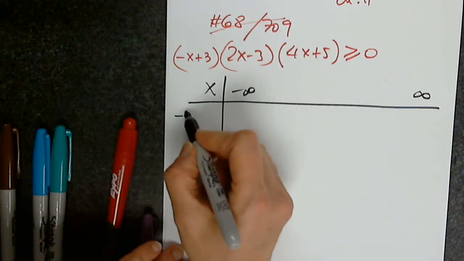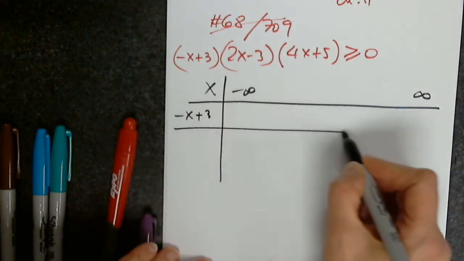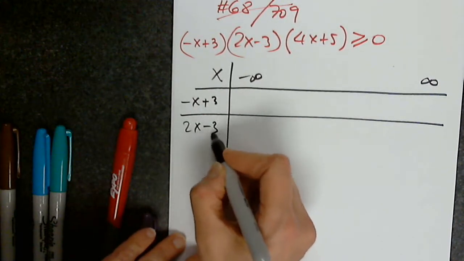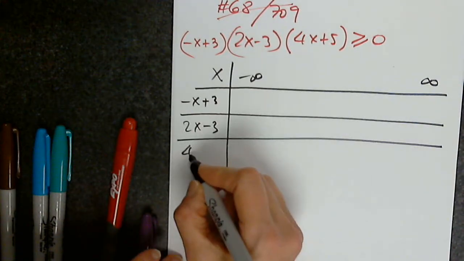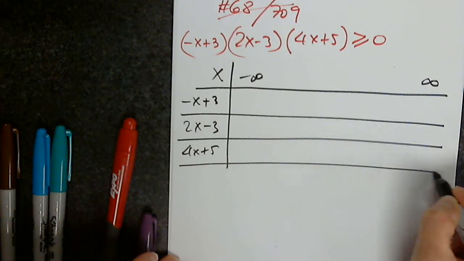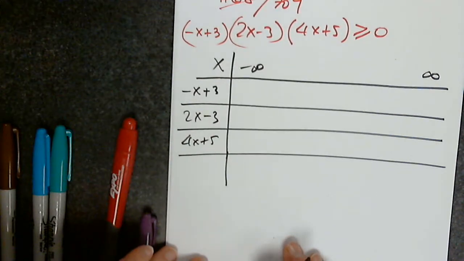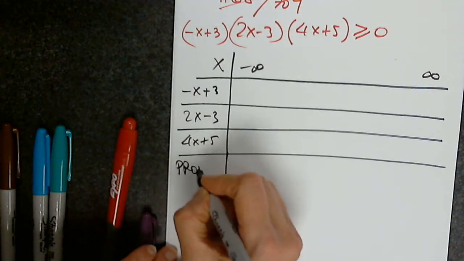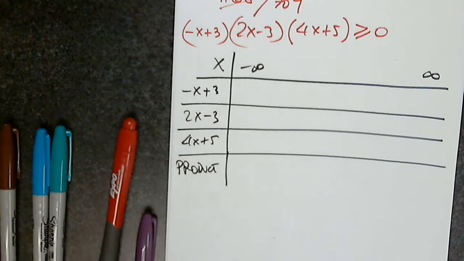I have a factor called negative x plus 3, a factor 2x minus 3, and a factor 4x plus 5. And since you know me, I always run out of room, I'll say the product. Instead of putting the whole thing in there, because I don't have enough room, I just wrote product. Yes? I'm sorry?